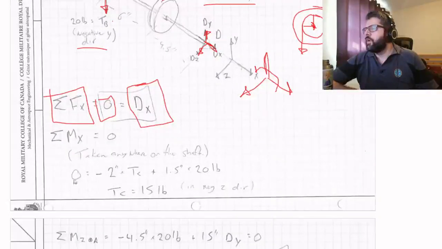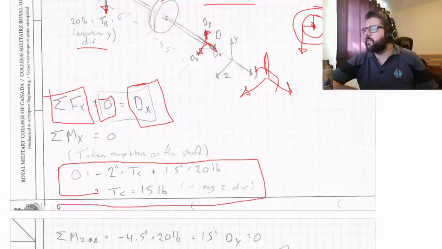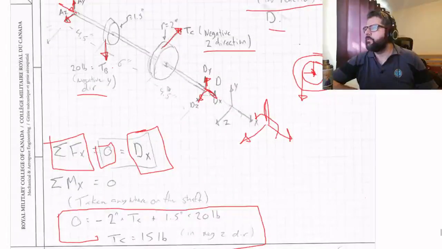Essentially, our sum of the moments about the x-axis is just going to be looking at this. We've got the 2 inches from here to here, and we have the TC, and that is going to be a negative amount because that is going to be causing clockwise rotation about the x-axis.